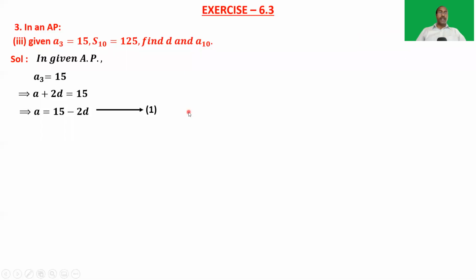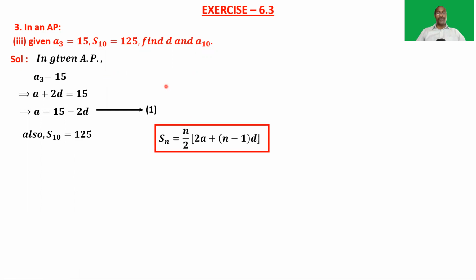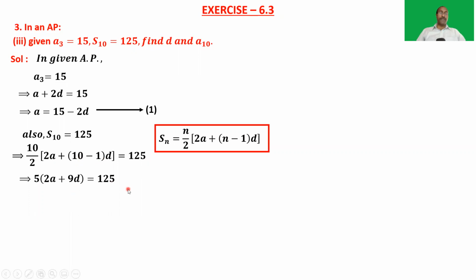Also it is given that S10 is equal to 125. Students, we know that Sn is equal to n by 2 into 2a plus n minus 1 into d. So S10 is equal to 10 by 2 into 2a plus 10 minus 1 into d. Two 5s are 10, so 5 into 2a plus 9d is equal to 125.